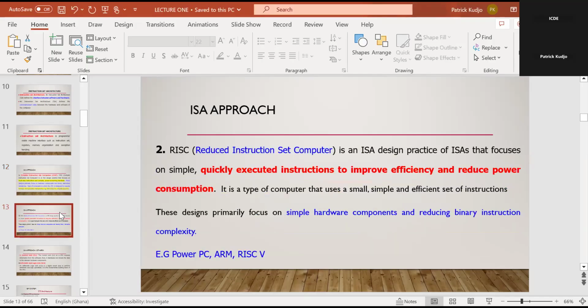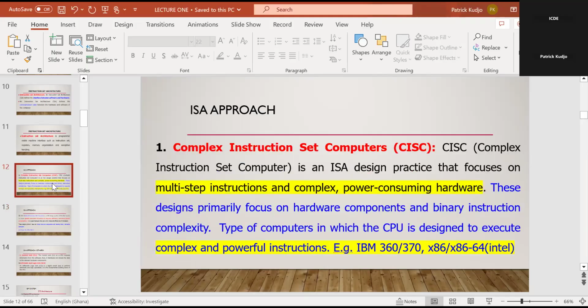So, simple, quickly executed instructions, and what is the objective? To improve efficiency and reduce power consumption. Remember when I was looking at the complex, we said they are power-consuming hardware. Why?